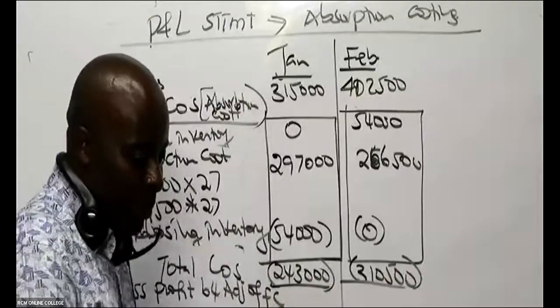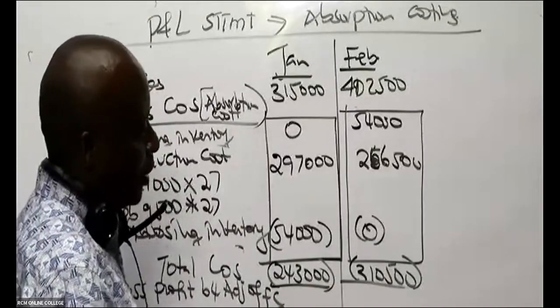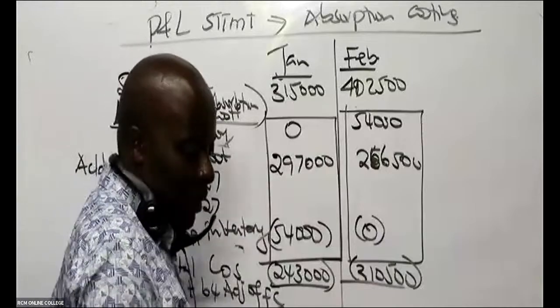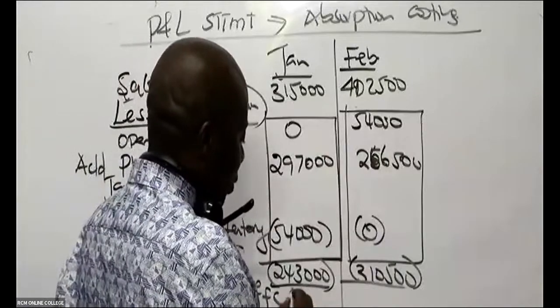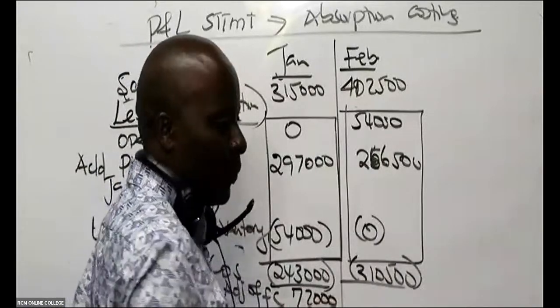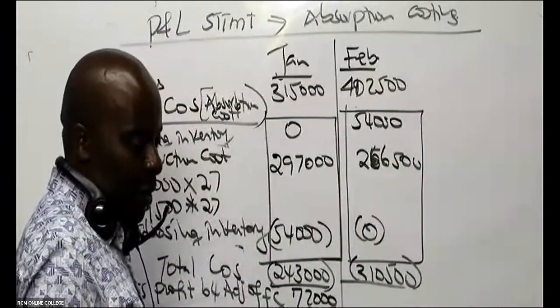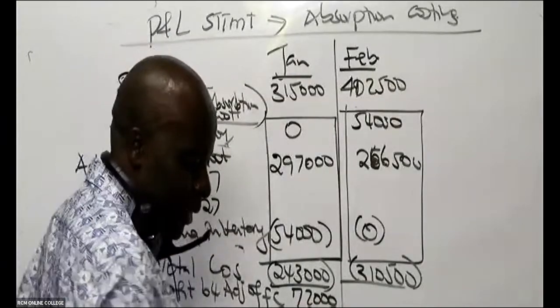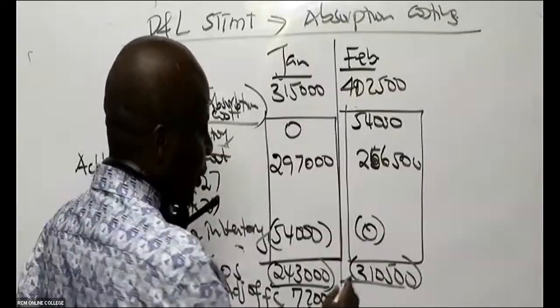So the first one I'm being told is 92,000. They're telling me that is February. The first one is 72,000, and then the second one is 92,000, right?